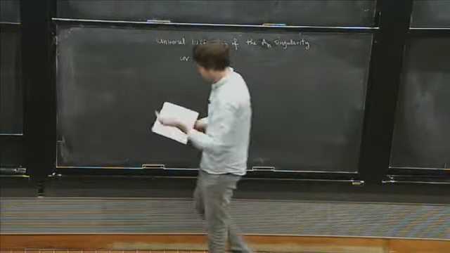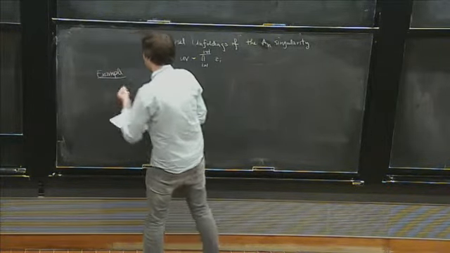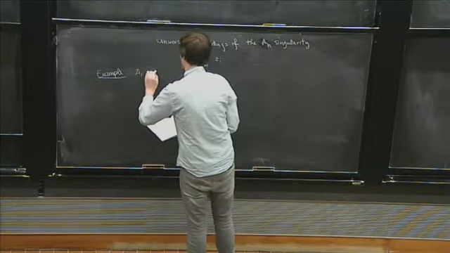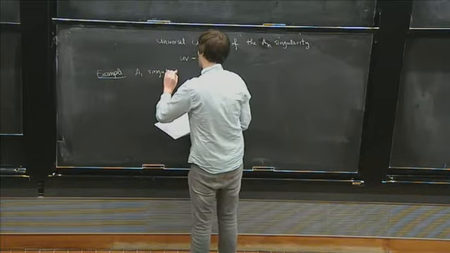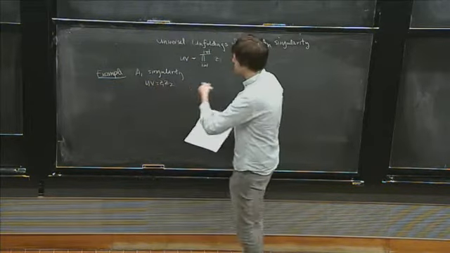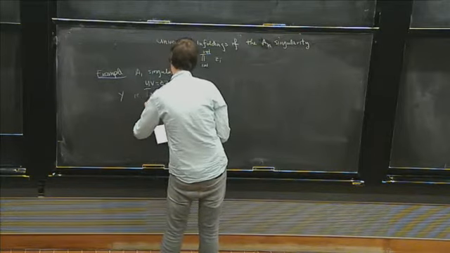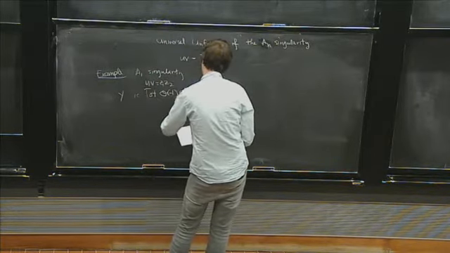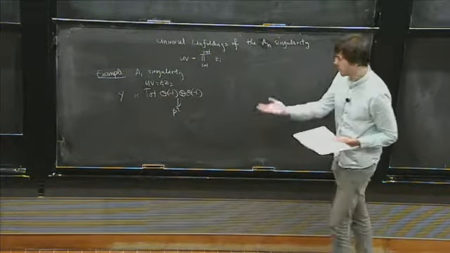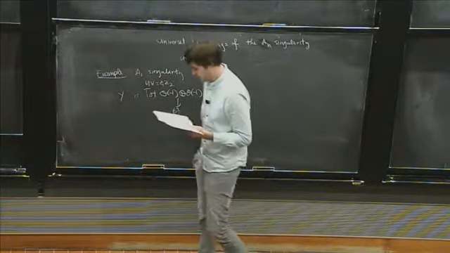But the example that I want to, if there's an example of things that people care about, if you considered the A1 singularity, then this would be uv equals z1 z2, and the resolution is this local P1, which is the total space of O(-1) plus O(-1) over P1.